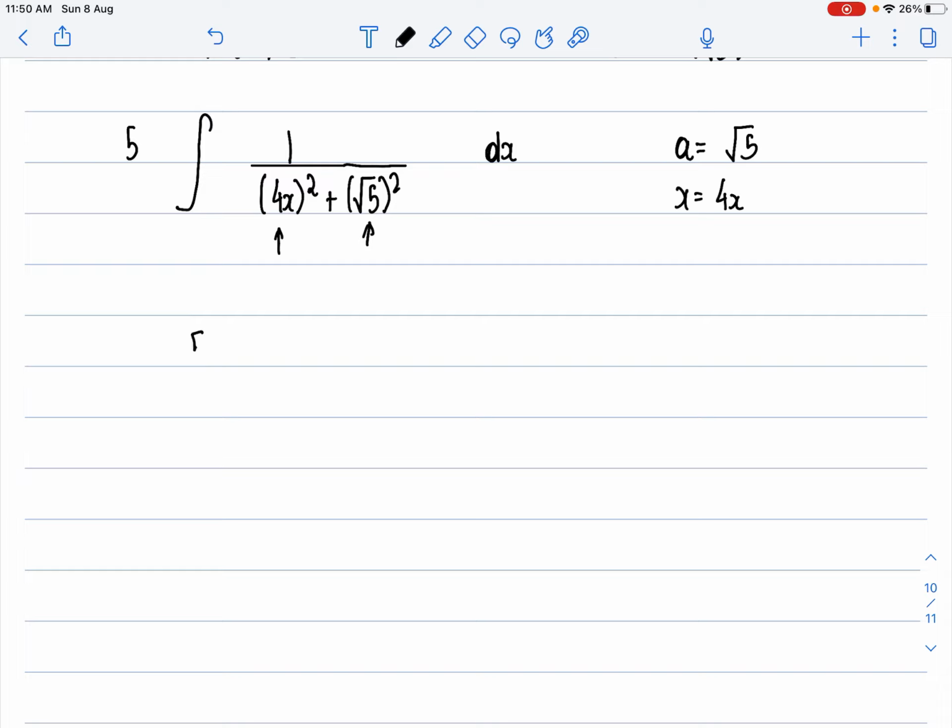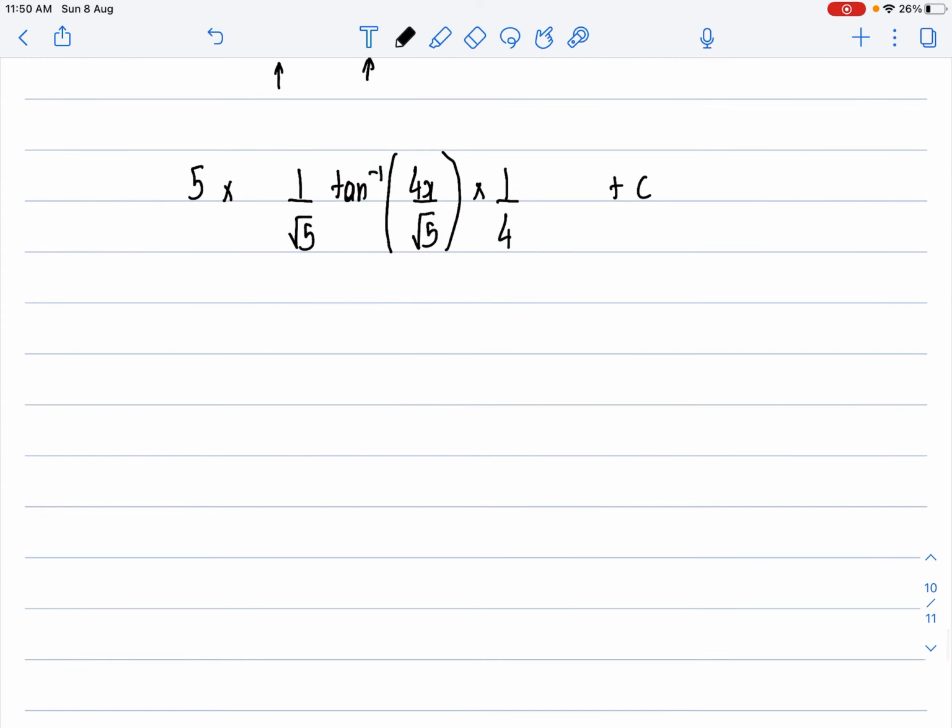So I simply do 5, which is basically here, multiplied by, first I do 1 over a, which is basically 1 over root 5, tan inverse of x, which is 4x, by a, which is again root 5, correct, multiplied by 1 over the coefficient of x here, which is 4, agreed, plus c.